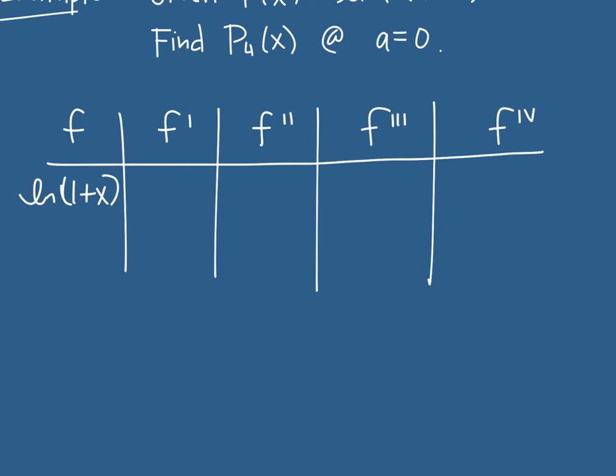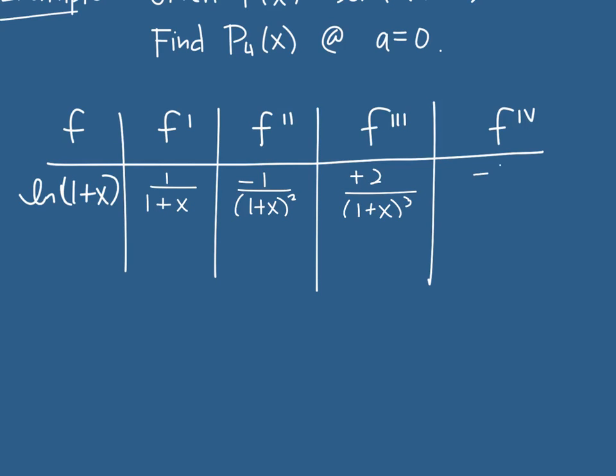So f prime would be 1 over 1 plus x because that's the derivative of natural log. What's the derivative of that? Negative 1 over 1 plus x quantity squared. And then the derivative of that is positive 2 over 1 plus x to the third.